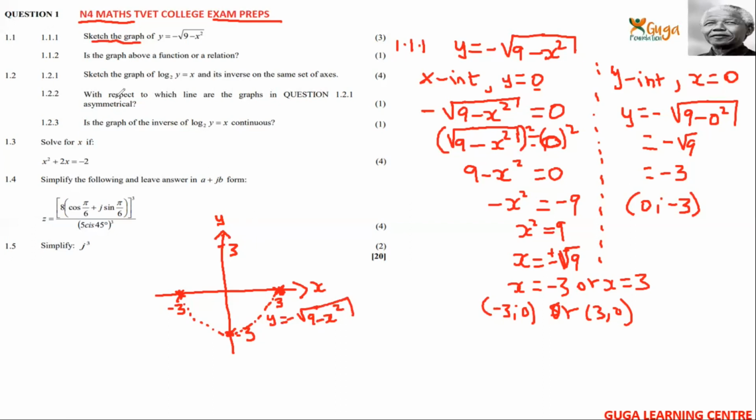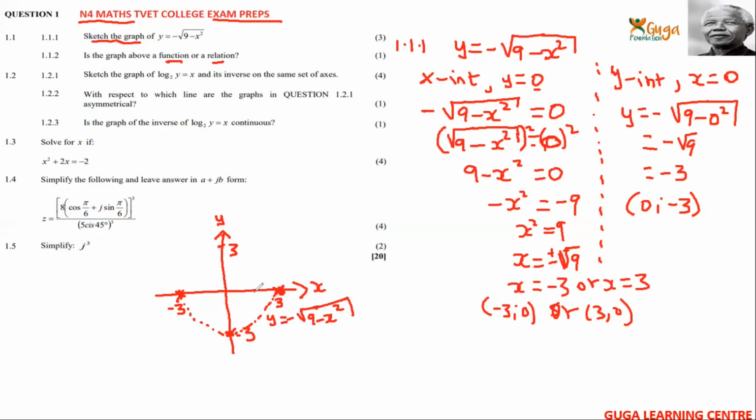Okay, the second question is saying that is the graph above a function or relation. You know, if a graph is a function, we've got types of functions, we've got one-to-one function, okay? And then we've got many-to-one function, right?